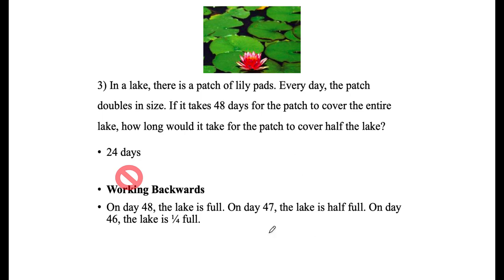Oops, never mind. That's the wrong answer. I was supposed to say wrong answer. Well, the problem here is that instead of going 1, 2, 3, 4, the problem says every day the patch doubles. So it takes 48 days to cover the whole lake, which means half of the lake is full a day before that, on day 47.